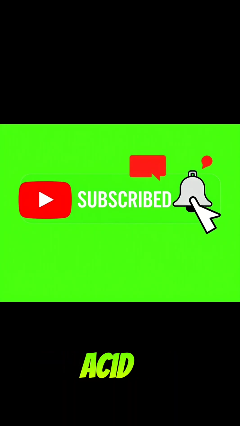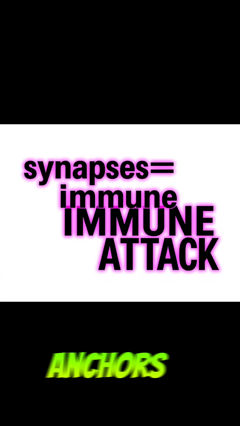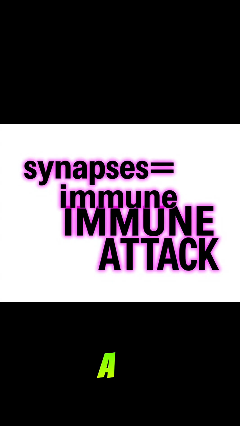Okay, phytic acid in nuts and seeds also has an influence on synapse stability. Now, that's actually critical. The synapse is like a bridge that anchors or connects, let's say, an immune T cell to a cancer cell.